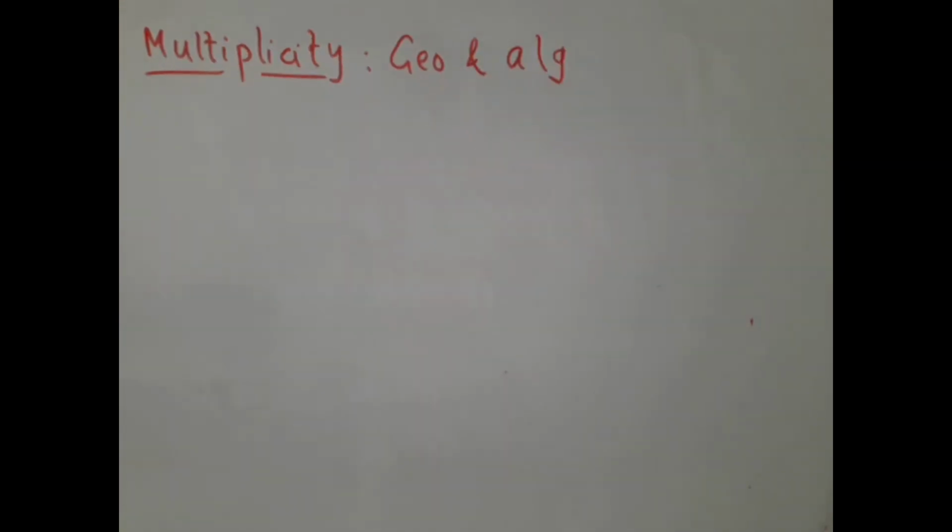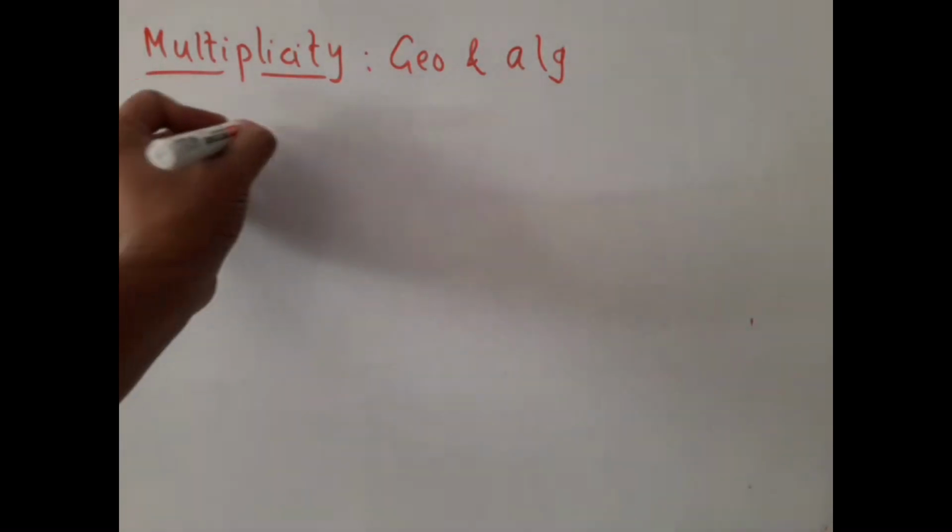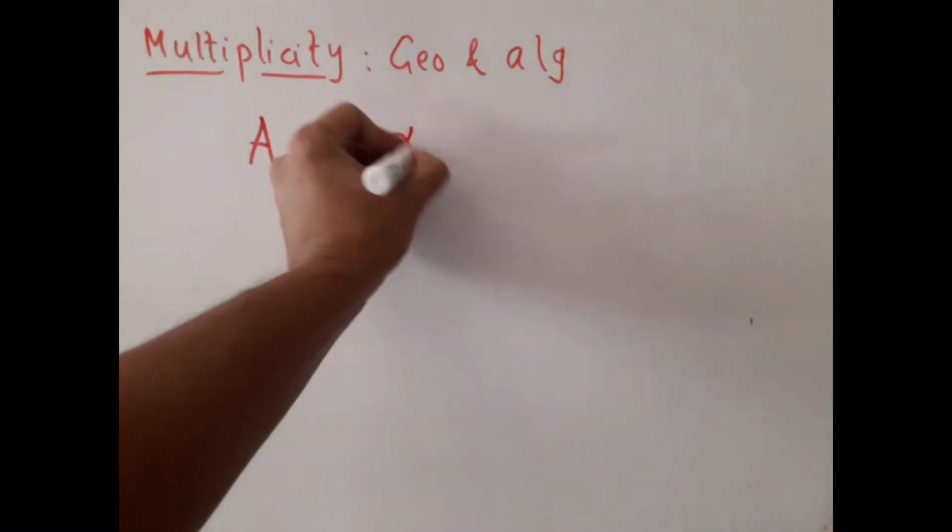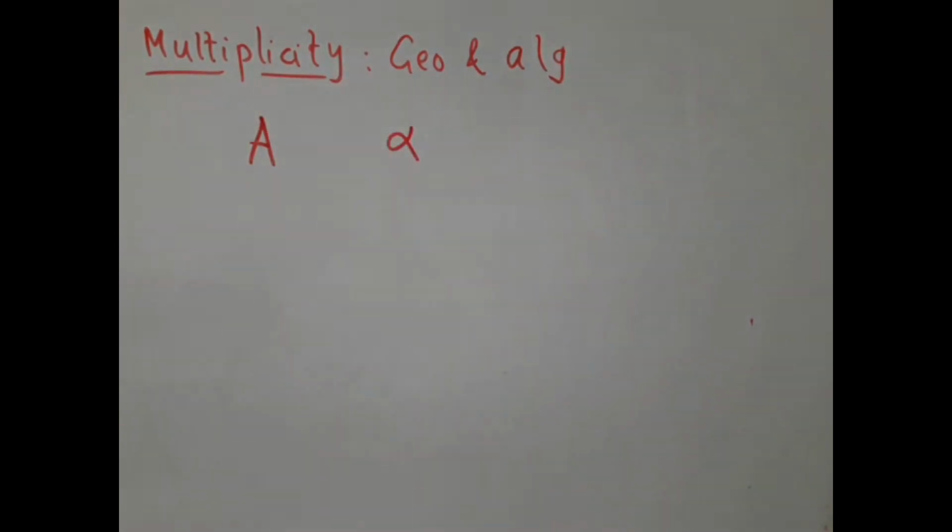Now for any eigenvalue, there are two types of multiplicities involved. Suppose I have this matrix A and some eigenvalue alpha.